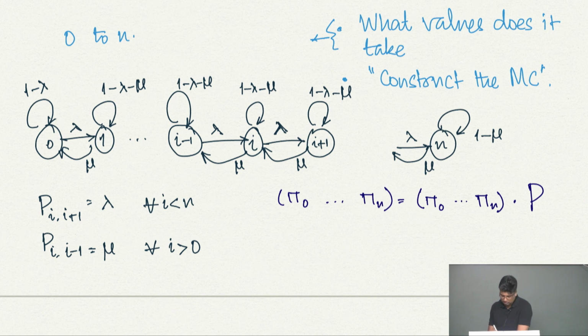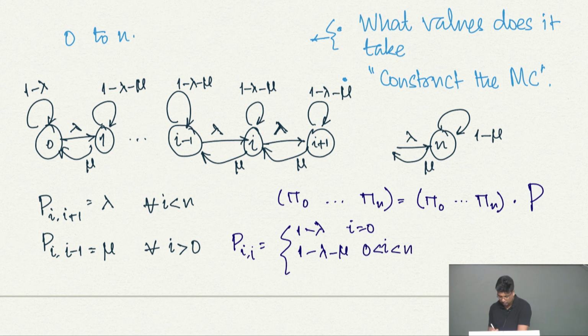So the way P of i comma i is defined is 1 minus lambda if i is 0, 1 minus lambda minus mu if i is between 0 and n, and 1 minus mu if i is equal to n. So this defines the entire matrix.